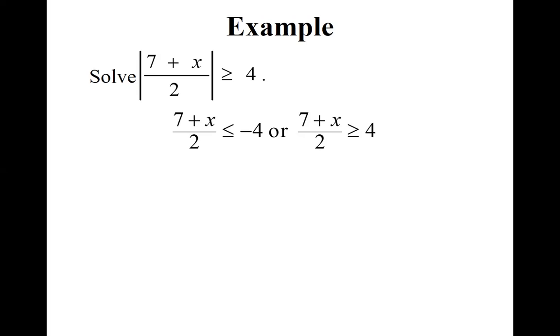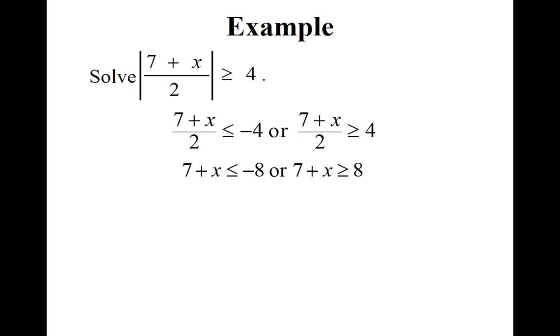No matter how you approach this, whether you like to get rid of the fractions by multiplying by the LCD, or you just take care of it normally using fractions, it's the same either way here. The first step is to multiply by 2 on both sides to get rid of dividing by 2. So 7 plus x is less than or equal to negative 8, or 7 plus x is greater than or equal to positive 8.